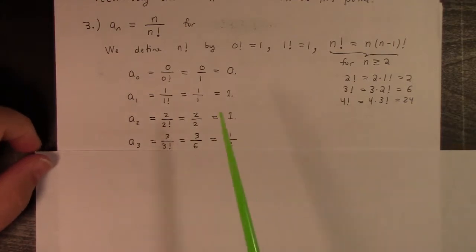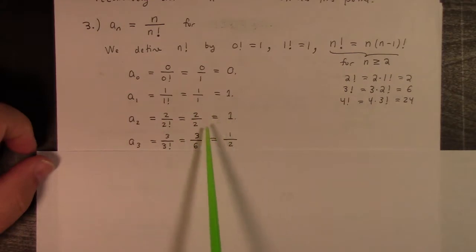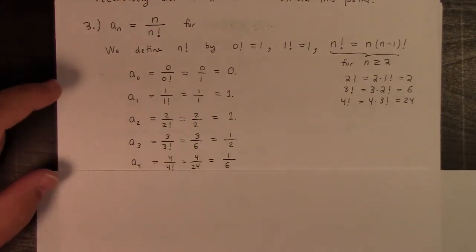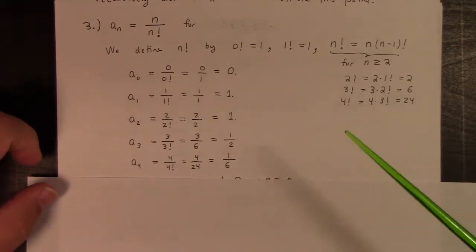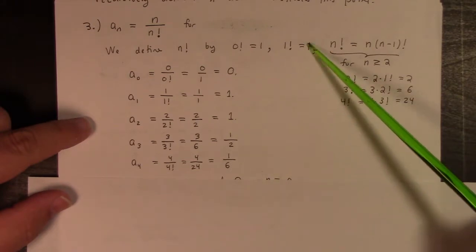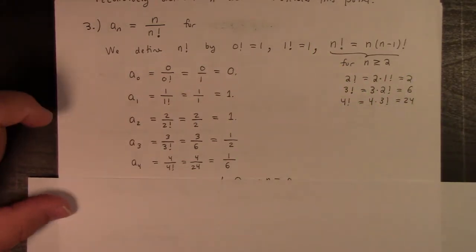So here's n over n factorial, which is giving me 0, then 1 over 1, which is 1, 2 over 2, which is 1, 3 over 6, which is a half, and so forth. Alright, so actually you can start to see what this is. Past 1, it's like 1, 1, 1 over 2, 1 over 6, right?